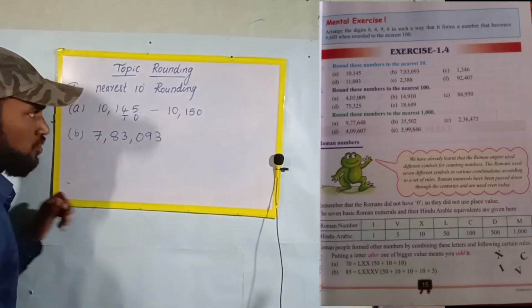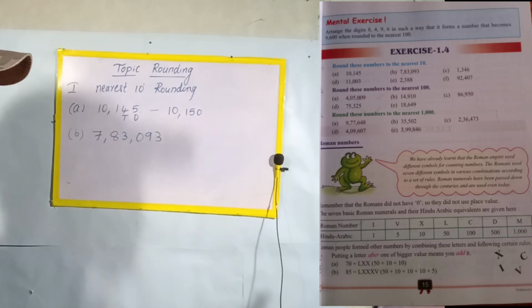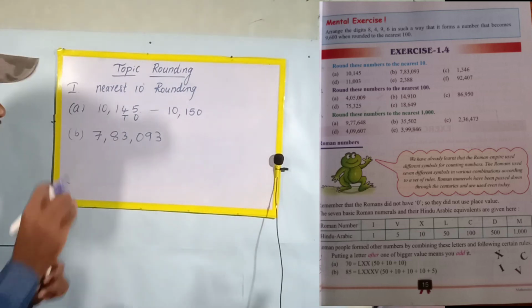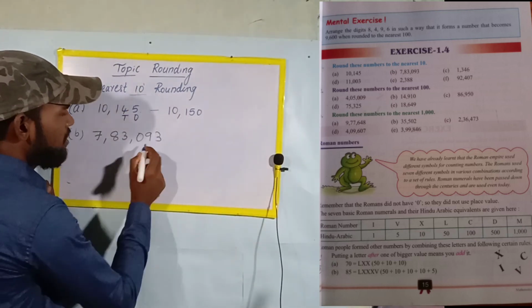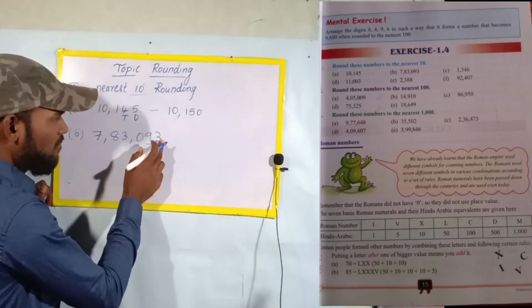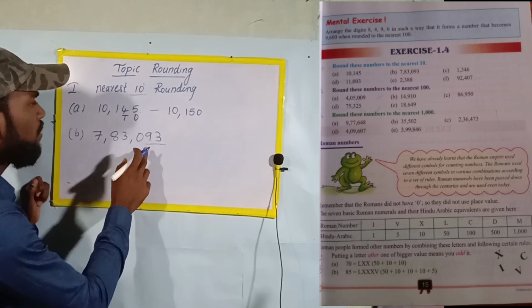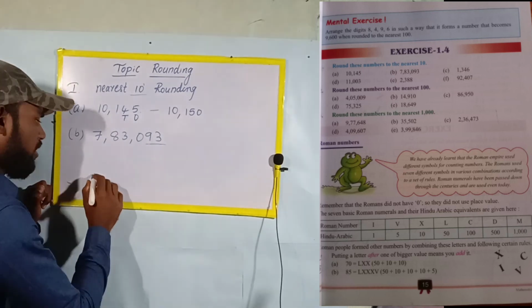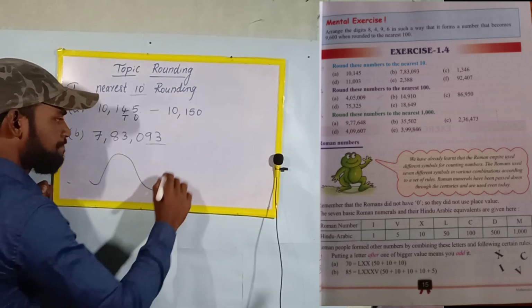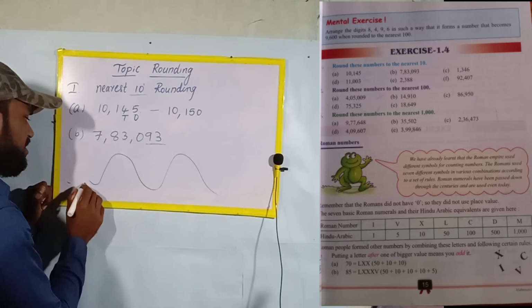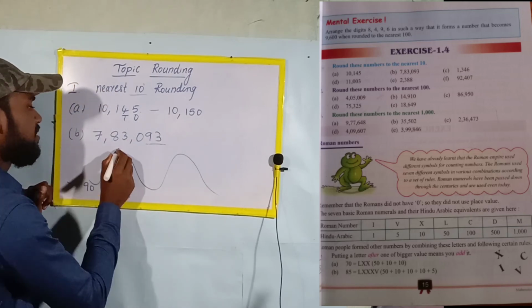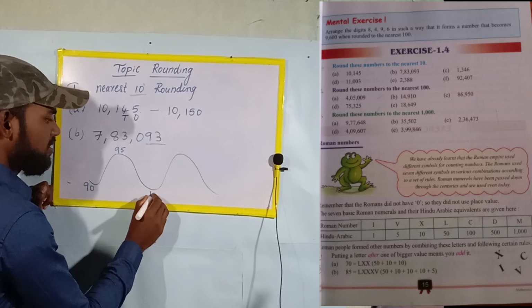7,83,093. What is the question given? Round these numbers to the nearest tens. Nearest tens means you only focus on ones and tens. See here, 93 is there. For example, I am drawing the diagram. This is 90, this is 95, this is 100.